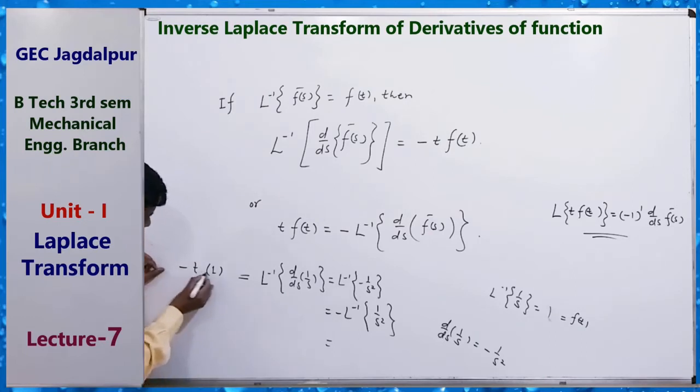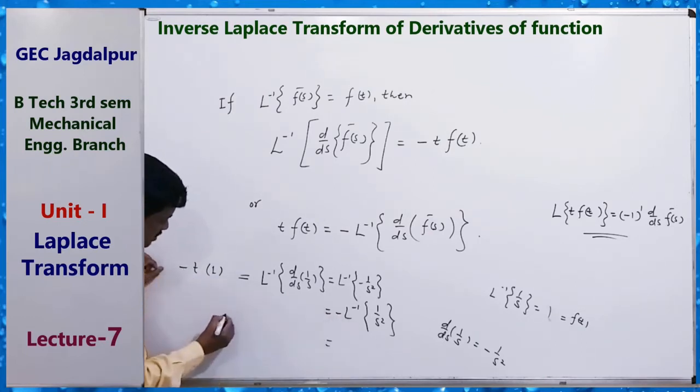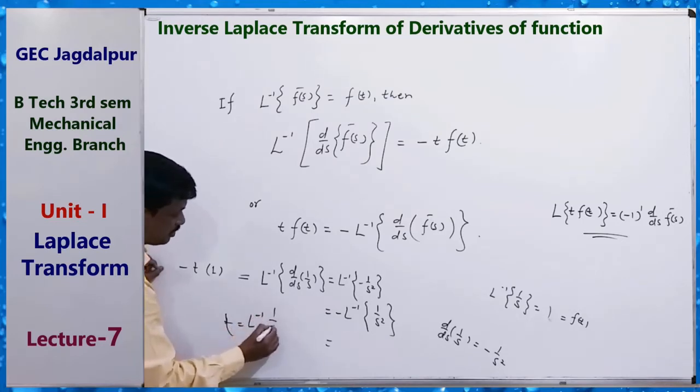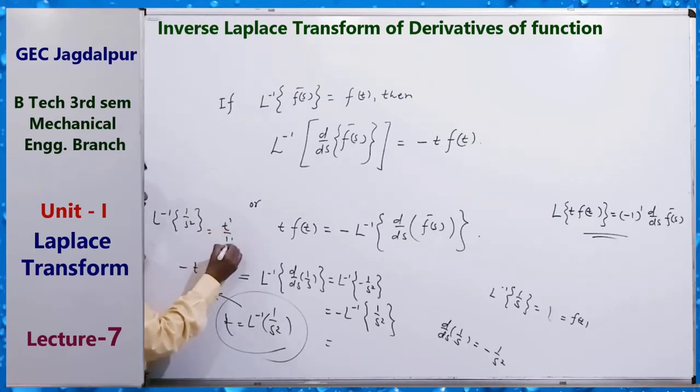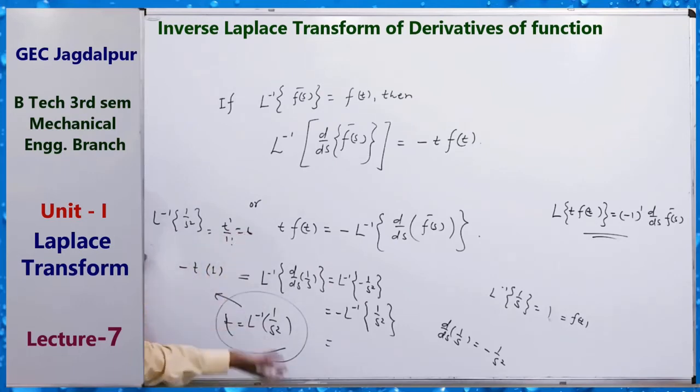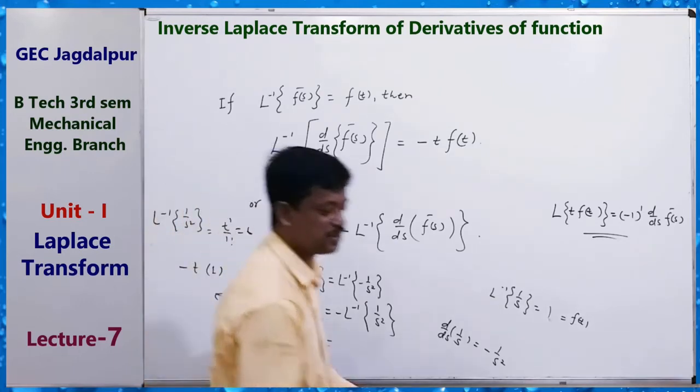That means here minus 1 times t, so t equals to L inverse 1 upon s square. We know by formula also L inverse 1 by s square equals to what? t to the power 1 upon 1 factorial. That is t. So we can get this. So this is the use of this formula.